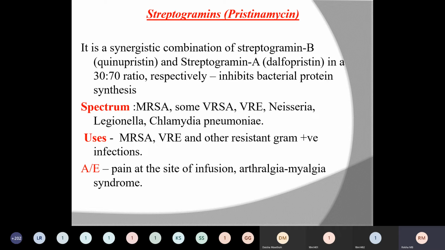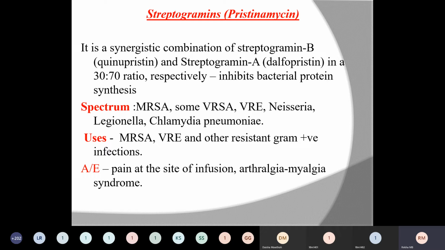Spectrum of activity, again, it is a reserved drug used for only resistant organisms. It is effective against MRSA, that is methicillin resistant Staph aureus, VRSA, that is vancomycin resistant Staph aureus, VRE, that is vancomycin resistant Enterococcus. It is also effective against Legionella, Neisseria, and Chlamydia.